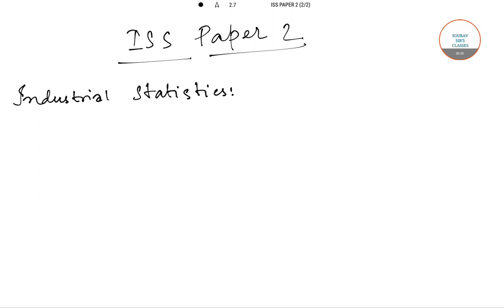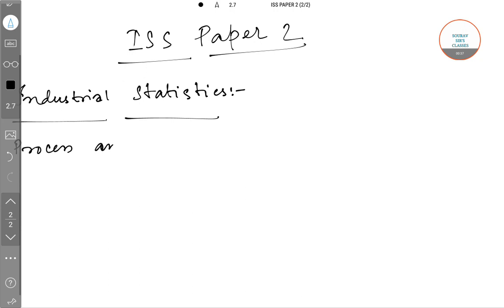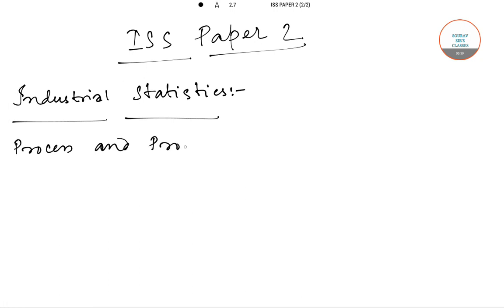So as per the syllabus, our first topic is process and product control. As you know from the name, it's very clear that process and product control are basically those processes which are needed for the quality control of the product statistically.